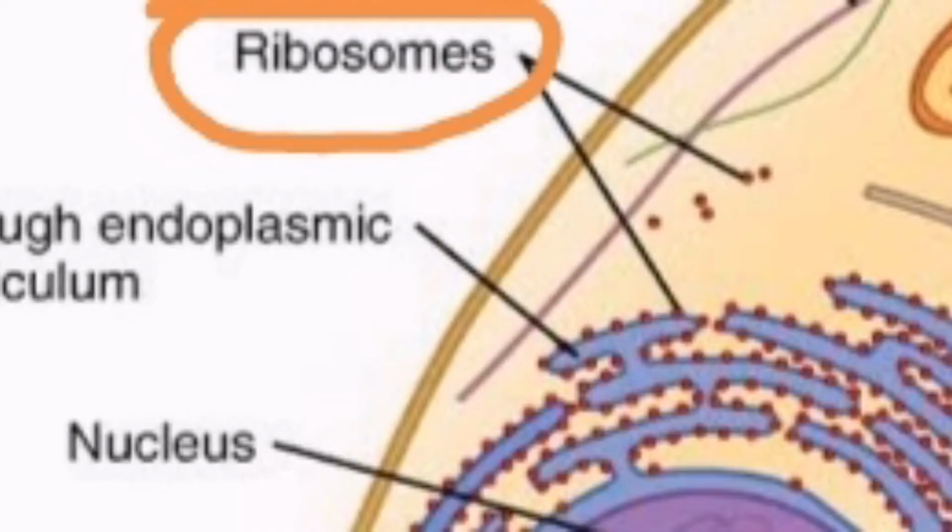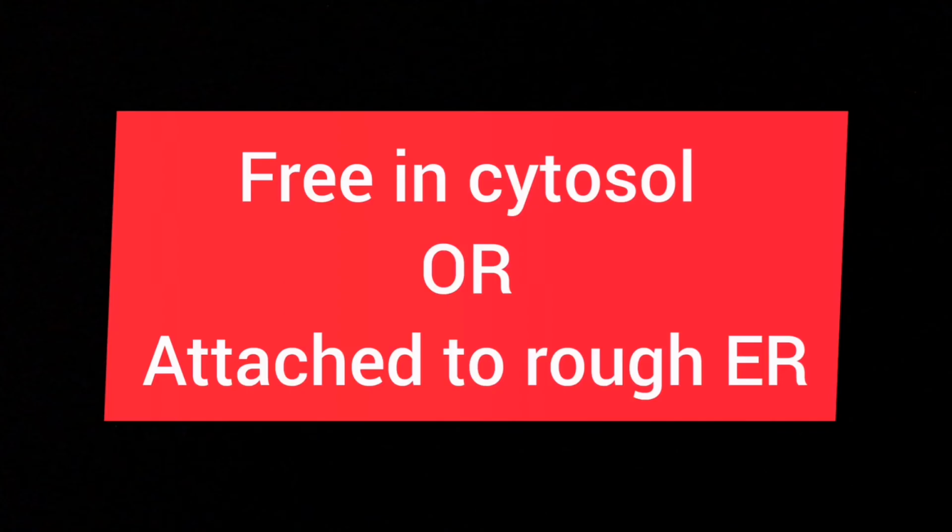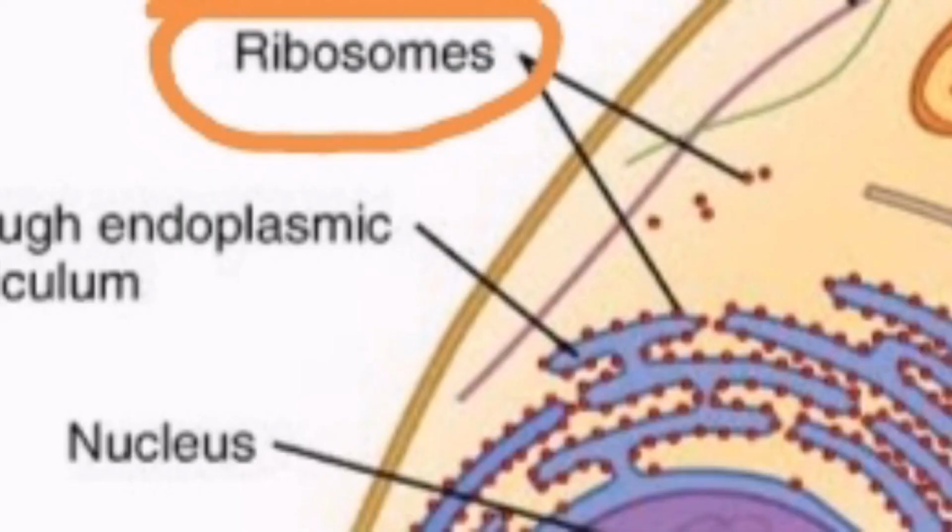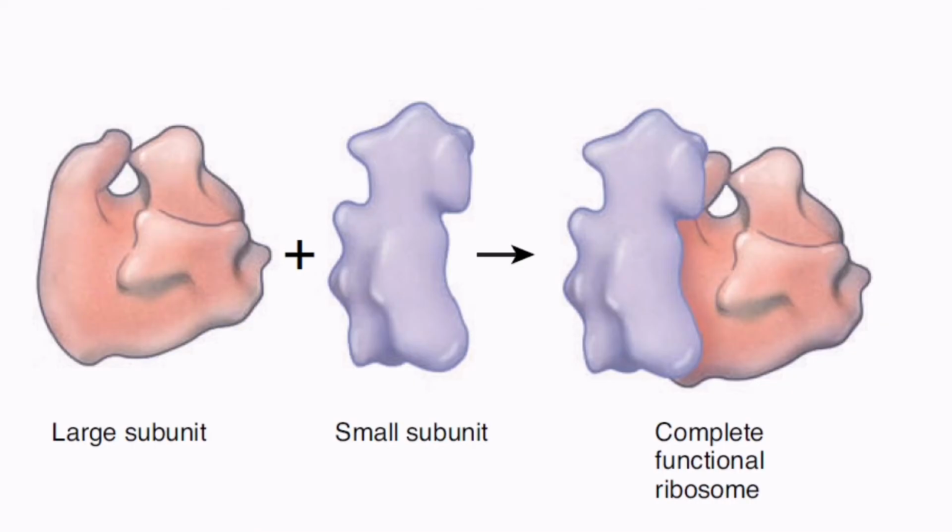That is the centrosome's function. Next cell organelle is the ribosome. In this picture, the spherical structures are known as ribosomes. They are seen either free in the cytosol or attached to the rough endoplasmic reticulum. Okay. Then this ribosome has two subunits.